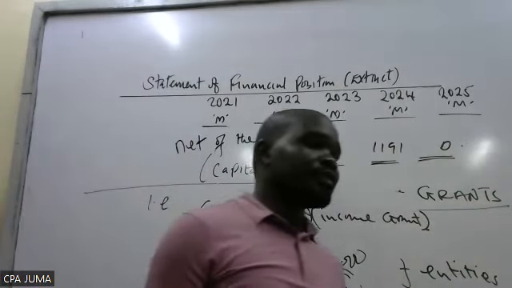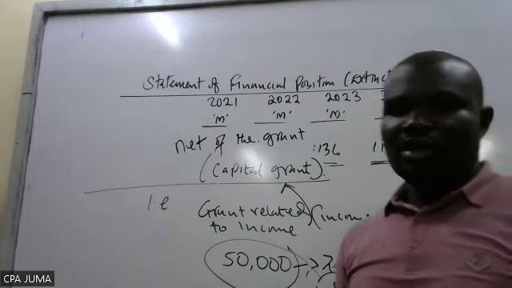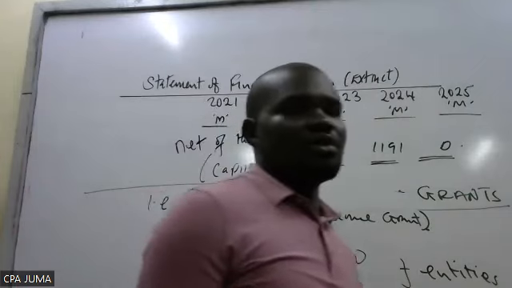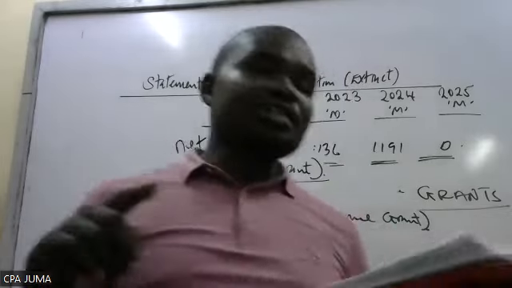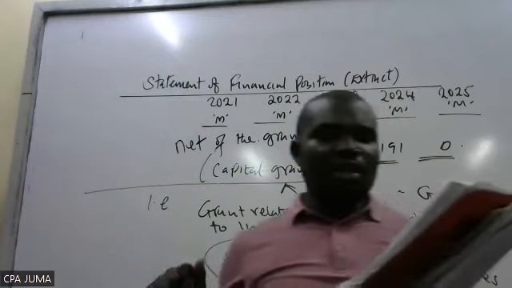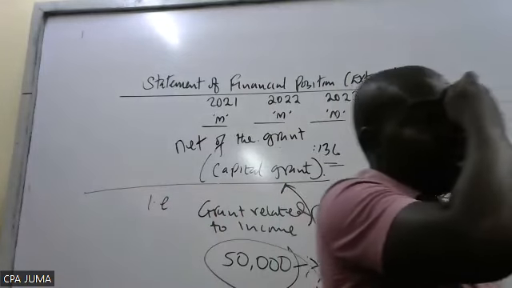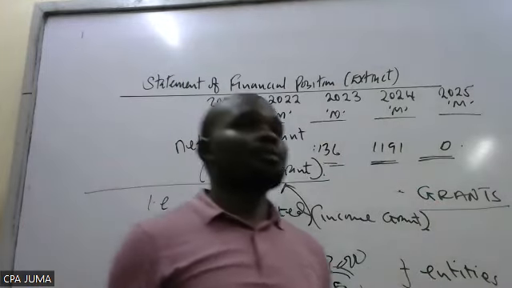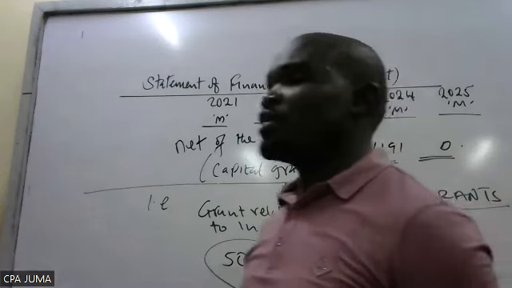Number one, if there is a reasonable assurance that the entity will comply with any condition attached to the grant.